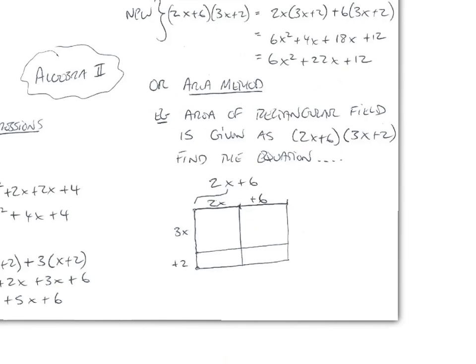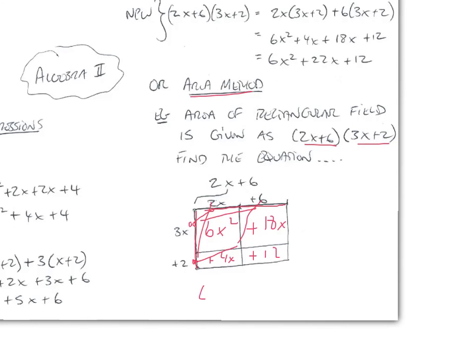Or a third way to multiply two expressions together is to use the area method, where we write the expression 2x plus 6 along one side of our grid and 3x plus 2 along the other, and we multiply the terms. So 3x by 2x is 6x squared, and 3x by 6 is plus 18x, and 2 by 2x is plus 4x, and 2 by plus 6 is plus 12.